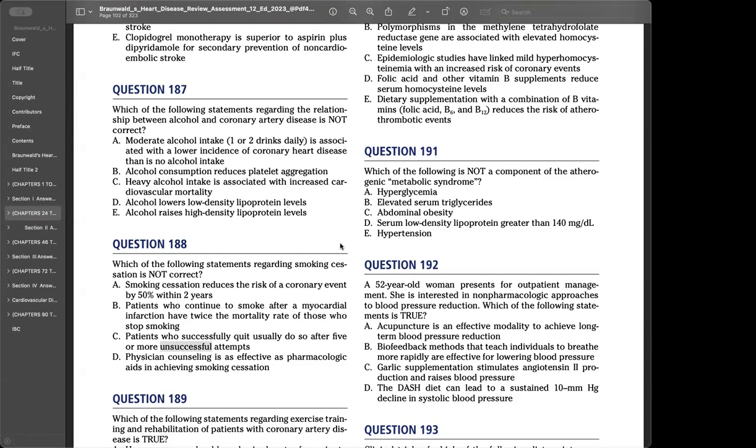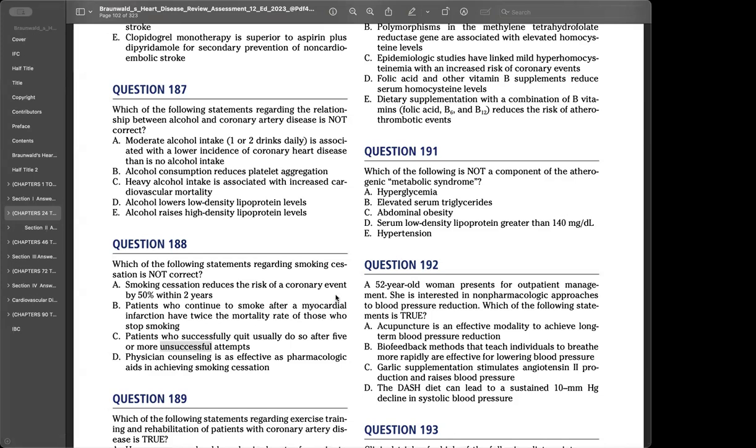So it's false. Option D, alcohol lowers low density lipoprotein, LDL. This is a false statement, so it's the correct answer. Alcohol does not lower LDL levels.